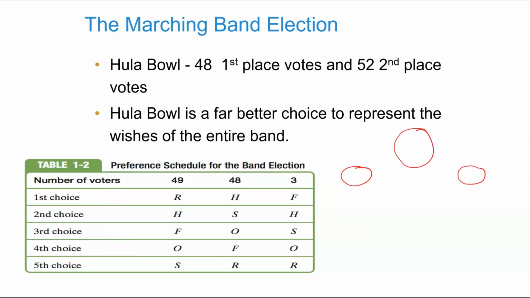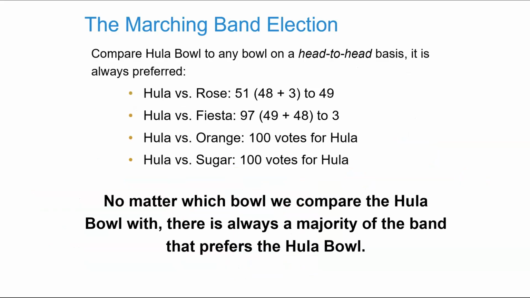We can see that the Rose Bowl has 49 first, but the Hula Bowl ranks above the Rose Bowl 51 times. So if we do a head-to-head analysis, and you can go back and add those all up for yourself, you can see that no matter which bowl we compare, there's a majority of the band, over half, that prefers the Hula Bowl.